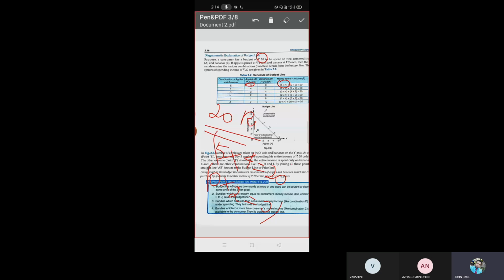So one apple costs 4 rupees, one banana costs 2 rupees, and cash in my hand is 20 rupees. That is my budget. I can't buy more than that. So in the first combination, I use the entire money for apples. In the second combination F, I can buy 4 apples, 4 into 4 is 16. Then I can buy bananas, 2 into 2 is 4.